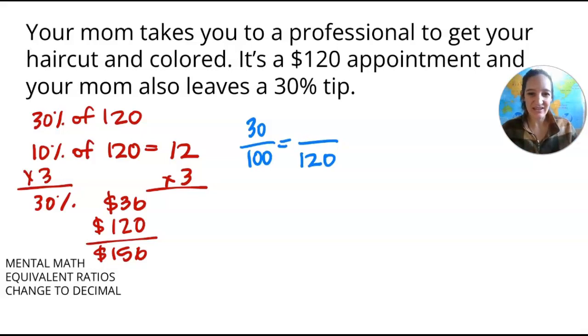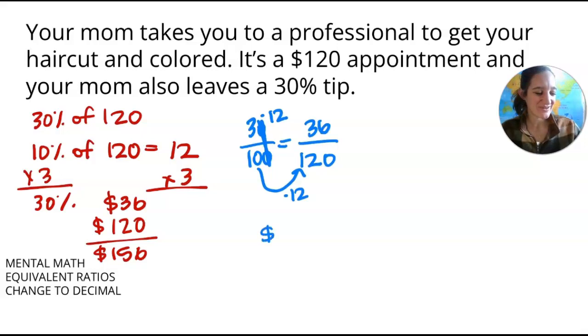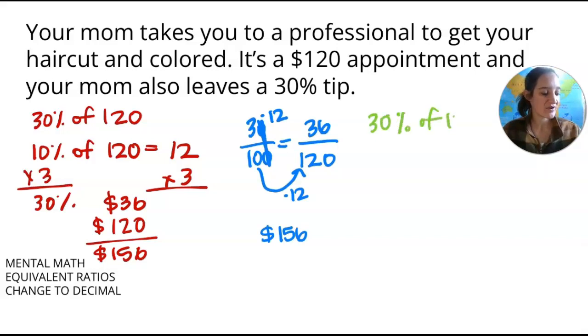And if I look, not seeing anything good, but I do see that. That's helpful because now I can times by 12. 3 times 12, shocker, it's 36, which means doing it the ratio way gives me another total of 156. The final way is the change to a decimal way. So I want to find 30% of 120.